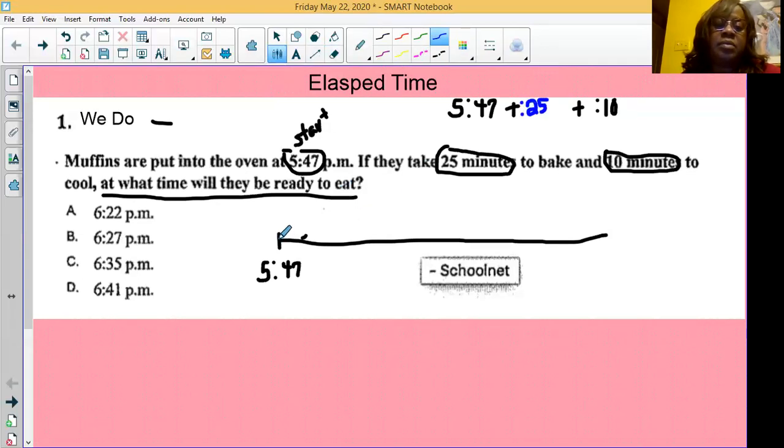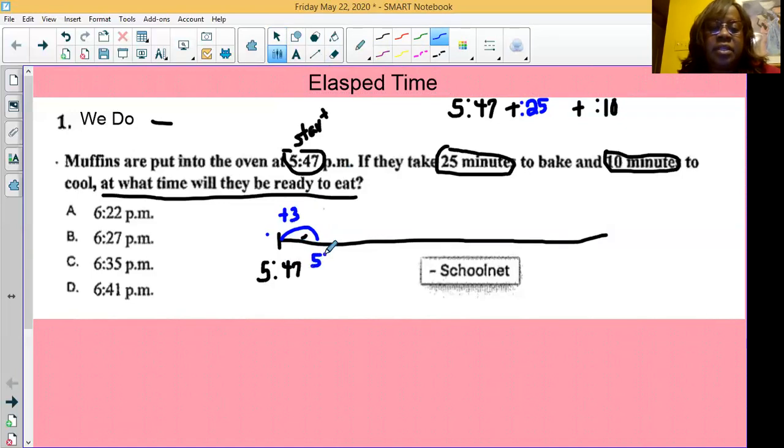Okay? So I would probably do 3 minutes just to make this an even number. So let's jump 3 minutes. Okay, there's my 3, and I'm going to put a +3 here. So if I add 3 to 47, that gives me 5:50.